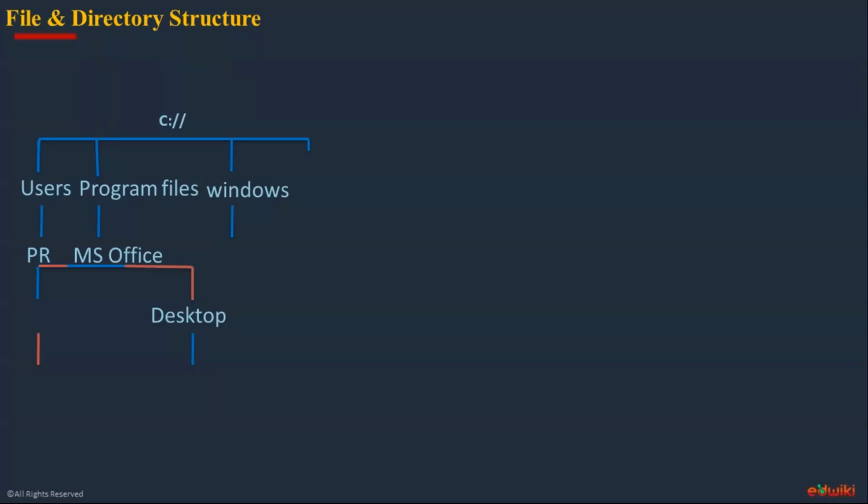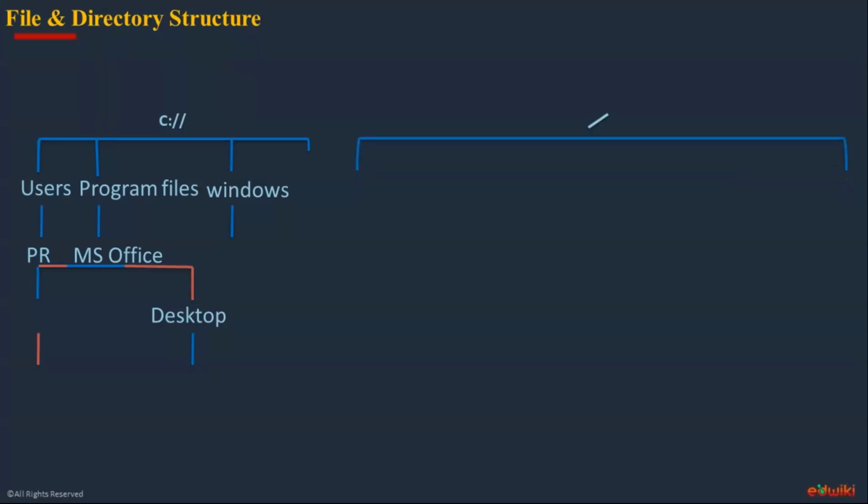Inside that C colon you will see some folders, inside those again some subfolders, and again some subfolders. Similarly, in the Linux system there is a top-level folder called slash. Just as you see C colon slash as the initial point to access your hard drive, in Linux slash is the folder name you need to use.